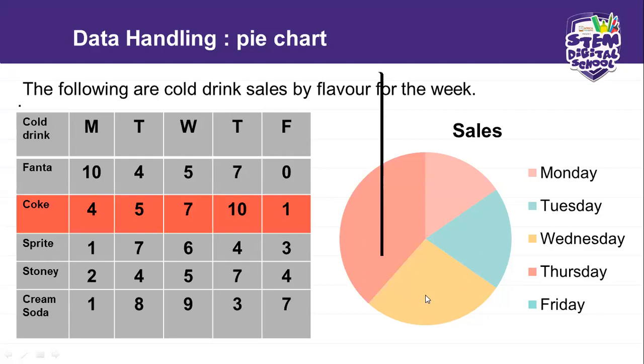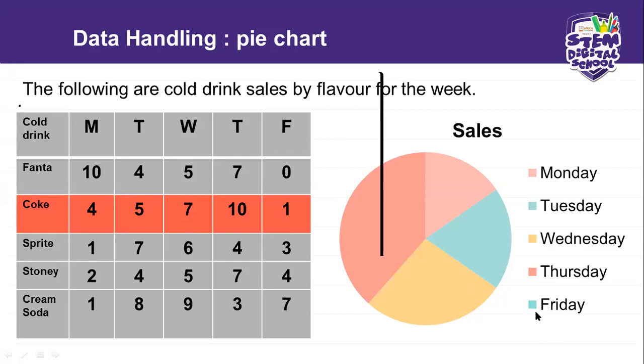Which one follows Wednesday? Okay, I see some hands there. Right, anyone who can tell me? Okay, the next highest is Tuesday. Thank you, Blessing. It's Tuesday, there it goes.